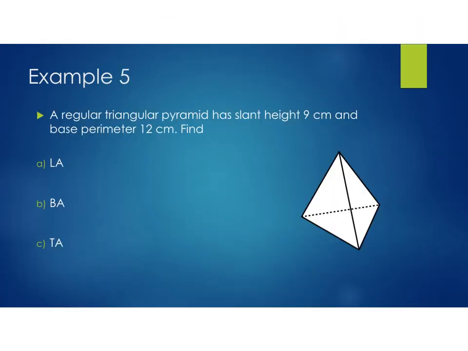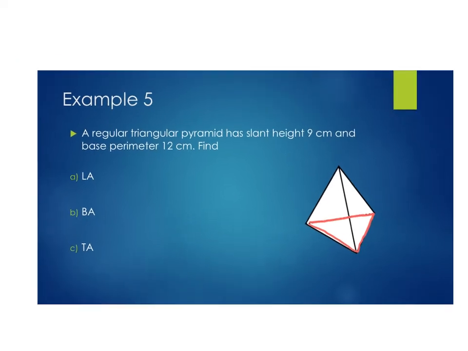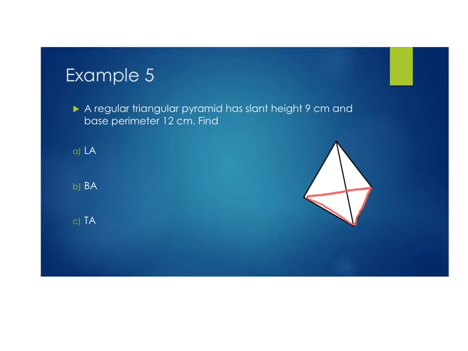Let's try another regular example. This time we have a regular triangular pyramid. So this tells me that my base shape here is going to be an equilateral triangle. And again, I've got 3 parts that I need to look for. They want me to find the lateral area, the base area, and the total area.